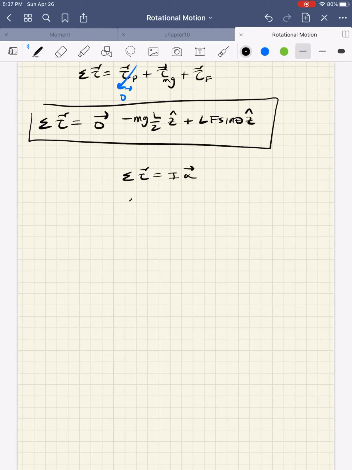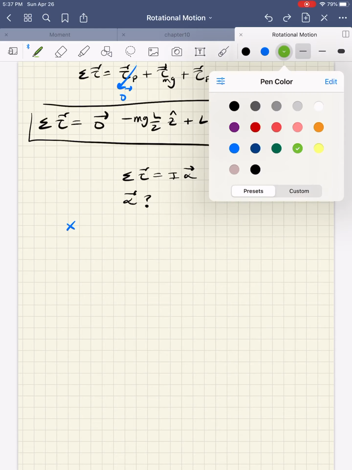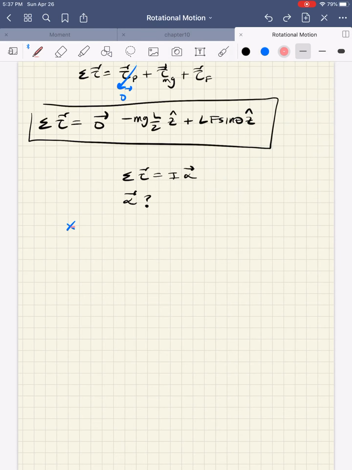And say, what is alpha? And the answer to that actually wouldn't have been too hard, because we already know the moment of inertia. We know the moment of inertia of a rod of mass m and length L that rotates about its end. We found the moment of inertia to be 1/3 mL squared.